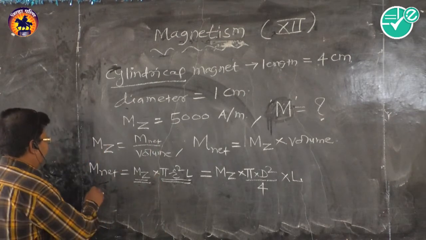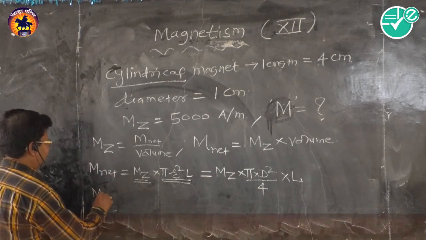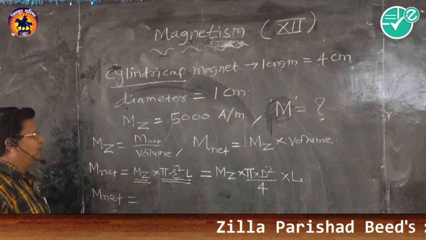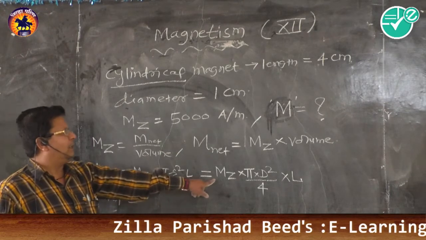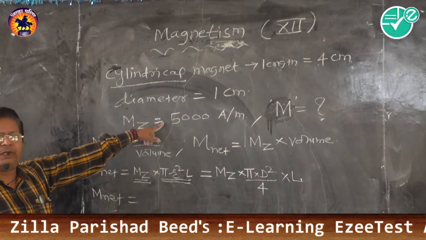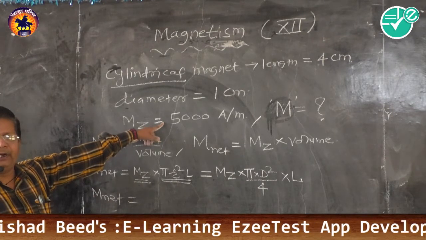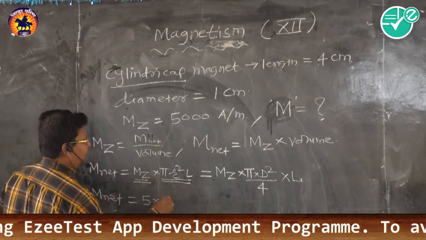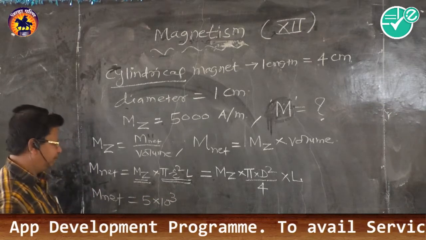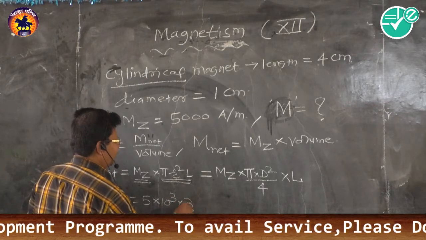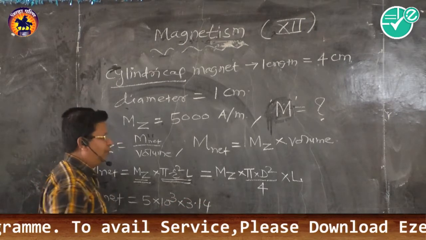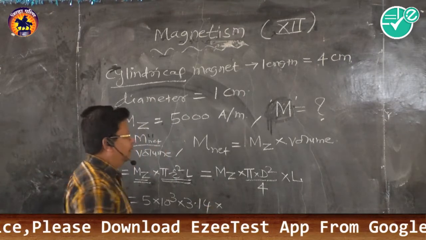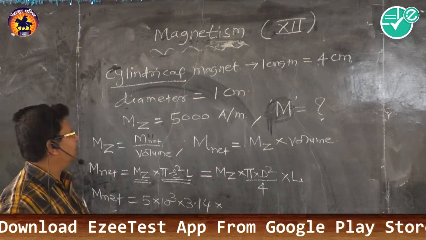And now if we substitute the values, then we get magnetic dipole moment is equal to Mz. The value of Mz is 5000 ampere per meter, and this 5000 ampere per meter means 5 into 10 to the power 3, multiplied by the value of pi, which is 3.14. Again the square of the diameter.